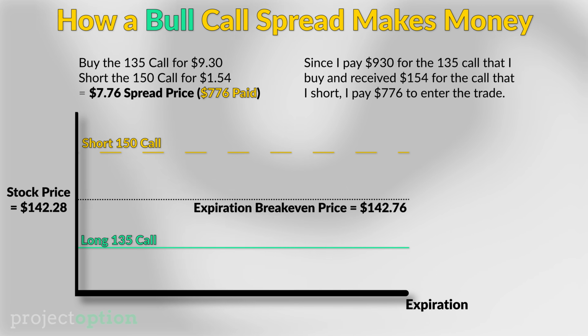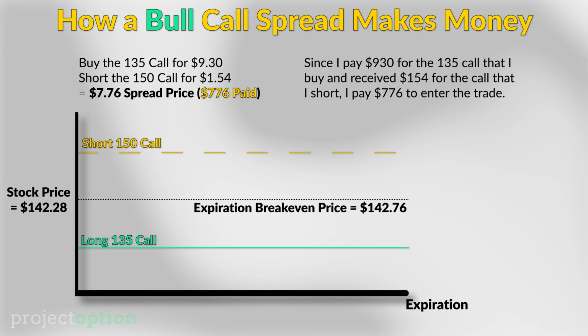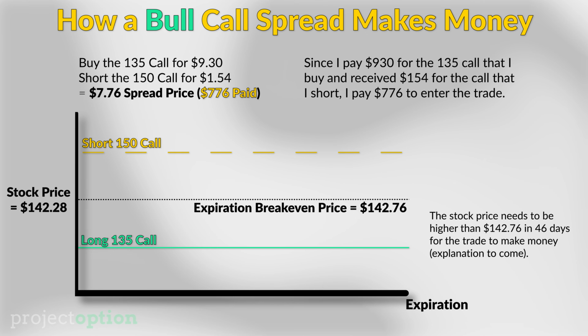Now, this means I actually need $776 to purchase this spread because we need to multiply that spread's price by the option contract multiplier of 100, and that's something you will have learned in the Options Trading for Beginners video. The break-even price for this spread at expiration is $142.76, and that comes from the call's strike price of $135 plus the entry price of $7.76.